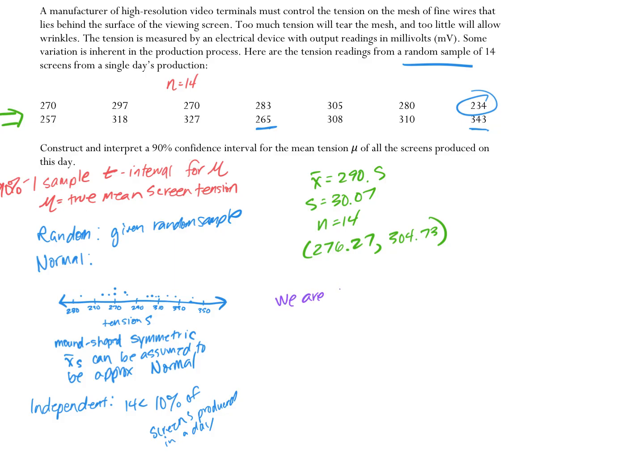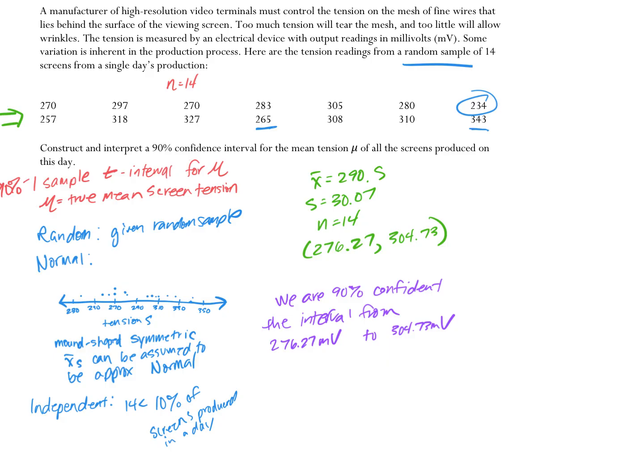We are 90% confident the interval from, and notice I'm including units because now I have units. Proportions don't necessarily have a unit the way means might.